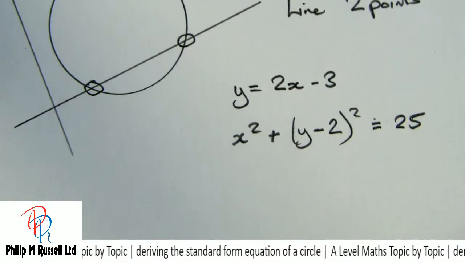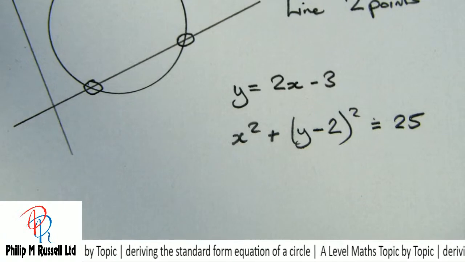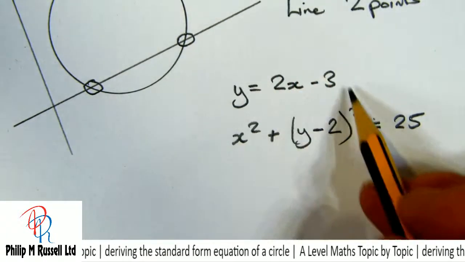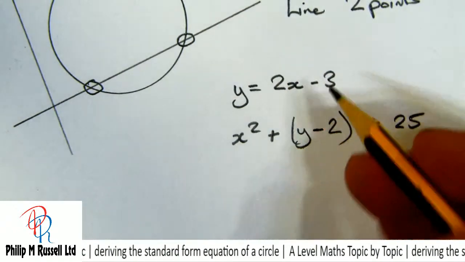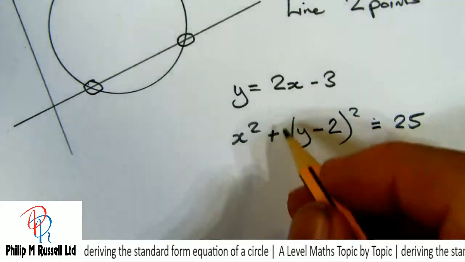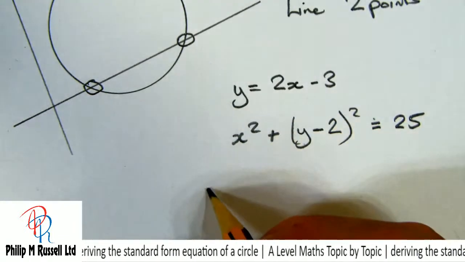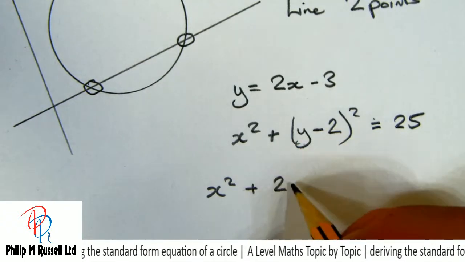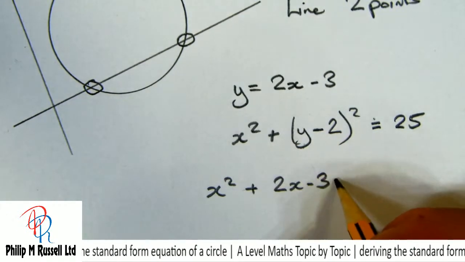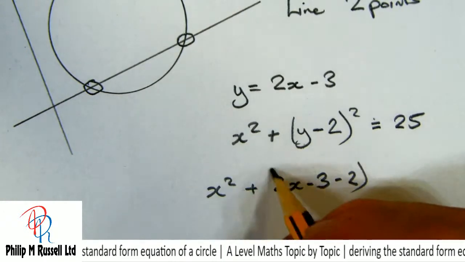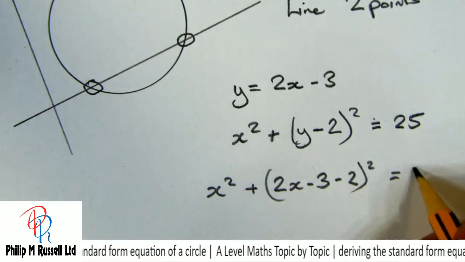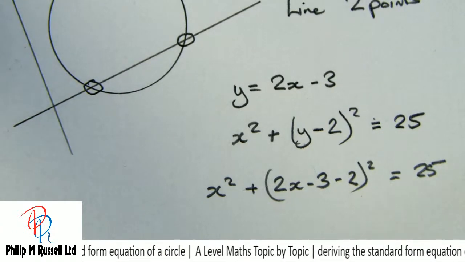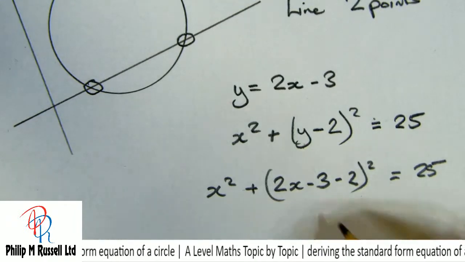So what have we got? I know what the value of y is, so we can just substitute it in. So I've got x squared plus 2x minus 3 minus 2 all squared equals 25. I suppose we ought to work out what this is going to be.